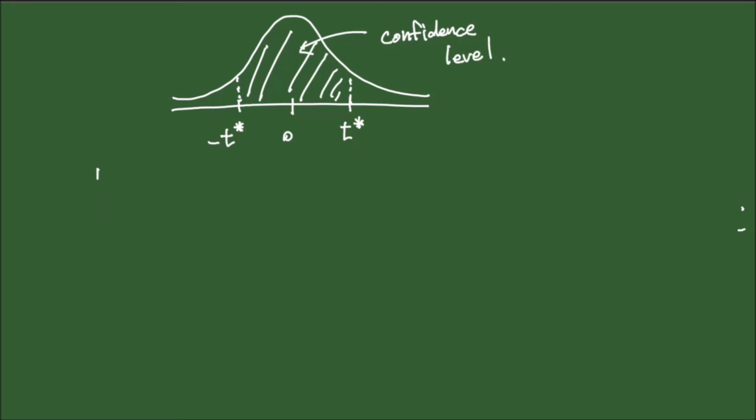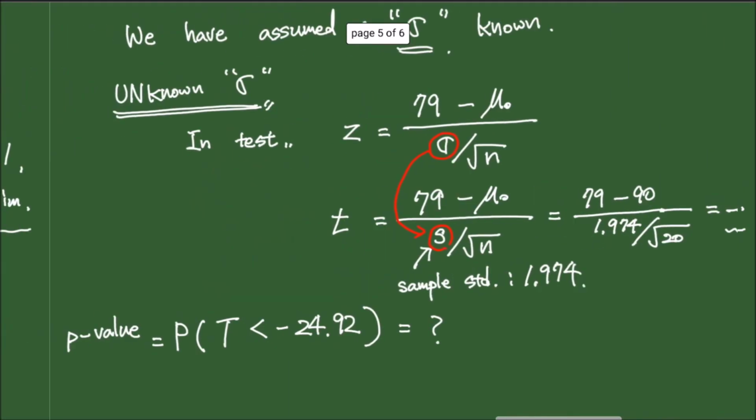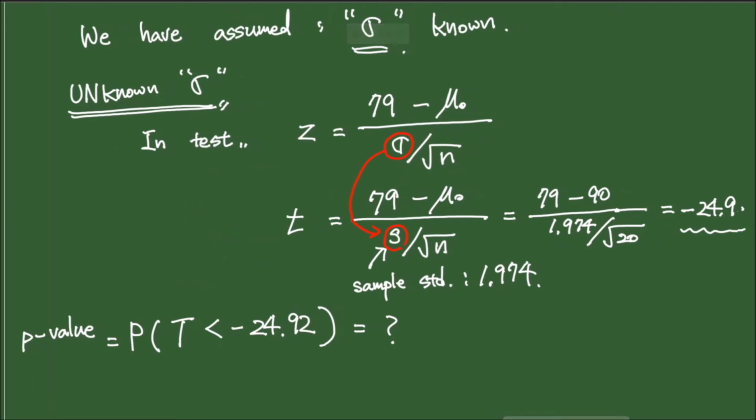So we have degree of freedom in the column on the left hand side. Let's say what is our degree of freedom in our example? Since we have 20 for our observation number, I would put 19 as a subscript on T, indicating that 19 is our degree of freedom, because degree of freedom can be calculated by n minus 1.